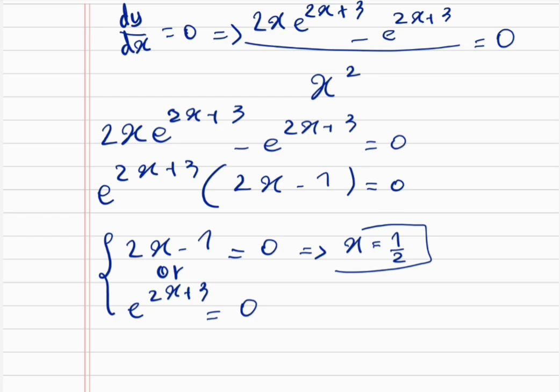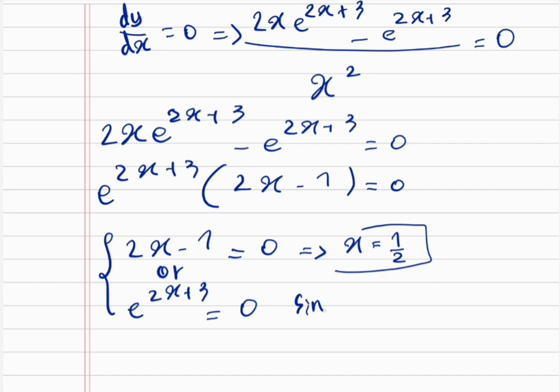But the other one is interesting, because we have e to the 2x plus 3 is equal to 0, and this is not correct, because we know that e to the 2x plus 3 is never going to be equal to 0 for any x value. So that's not possible. It's always positive.